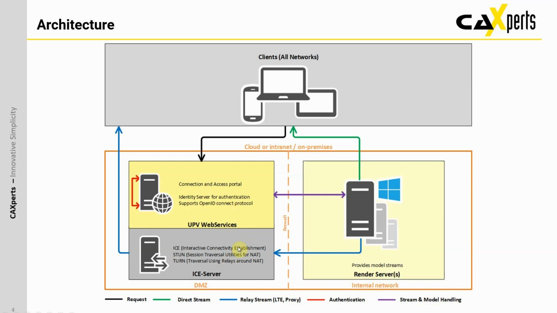One component is the UPV web services that actually hosts the UPV browser and the external access to the files, whereas the render server or render service, of which there can be multiple, I'll come back to that later, provides the models, and they can also be in a locked-up environment. And in this case, you might optionally need an interactive connectivity establishment server that creates a communication channel between the clients and the render server.